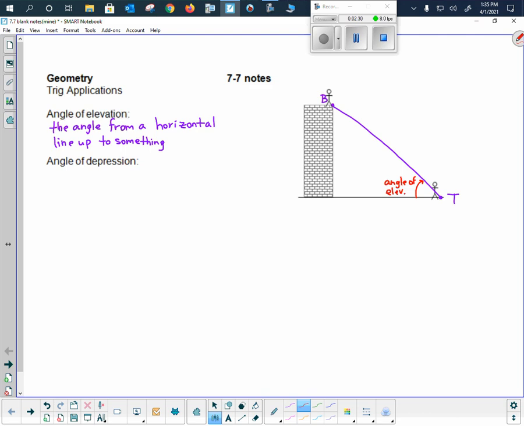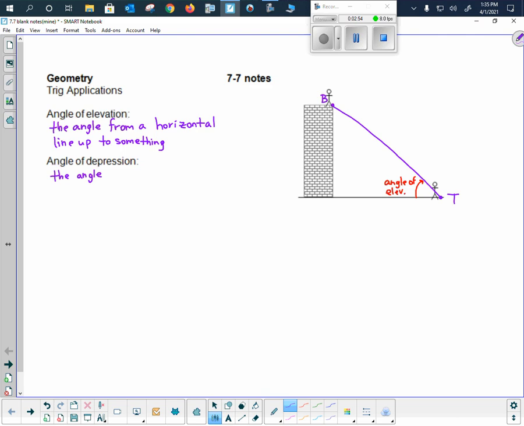Now, the other thing to realize before we move on, well, we'll move on. Let's do angle of depression first, and then we'll come back to this stuff. Okay, so angle of elevation is that first one. Angle of depression, then, if you just kind of think of the word depression, like depressed, right?